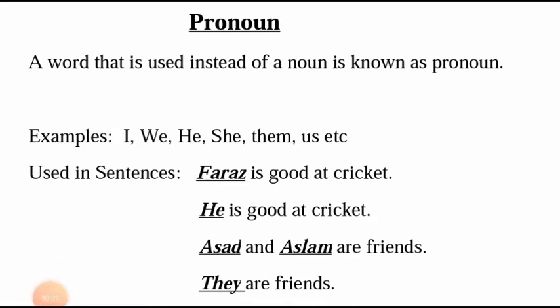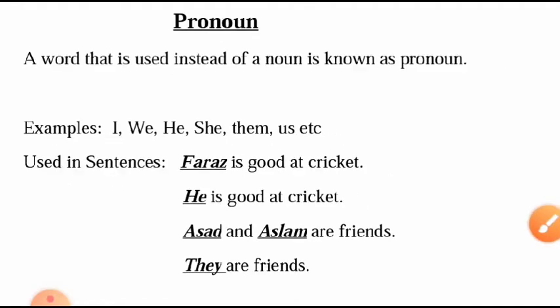You are watching Learn English with Amjad, and today in this particular video we are going to talk about the pronoun and its kinds. So let's start. Let's talk about the pronoun first. You can see the definition here: a word that is used instead of the noun.